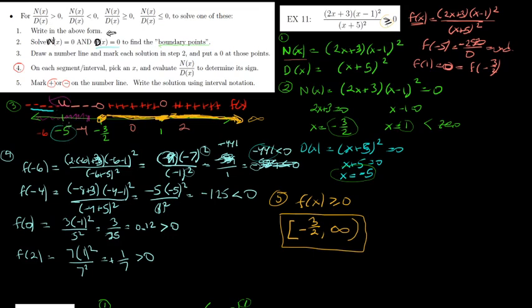Now, what happens at negative 5? Where does the negative 5 come from? It comes from, over here, the factor x plus 5 squared. Notice the exponent here is 2. 2 is an even number, so that means we expect at negative 5 the signs not to flip. They stay the same. They stay negative. Now, if they're negative to the left, what happens to the right of this negative 3 over 2?